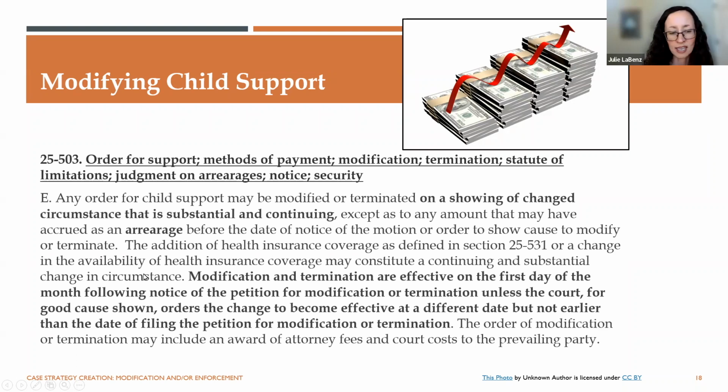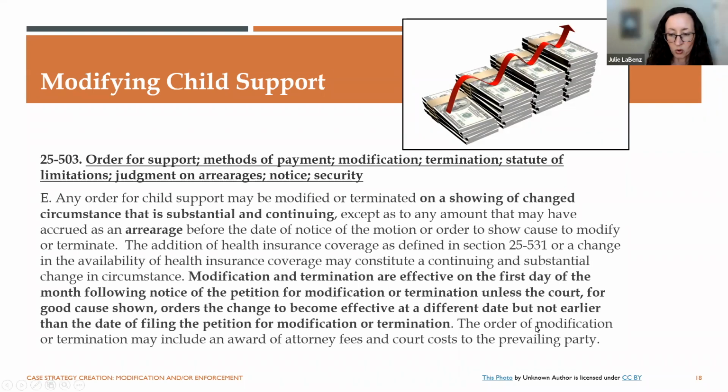And what that's getting at is, what are the numbers? Is it a difference of $5 or is it a difference of $500? Obviously that's going to make a big difference about whether or not modifying is worth it. But yes, a change to health insurance can amount to a substantial and continuing change in circumstances that justifies a modification of child support.